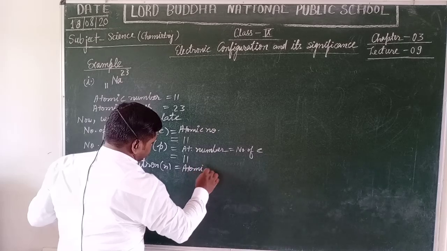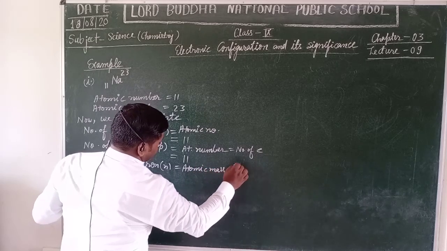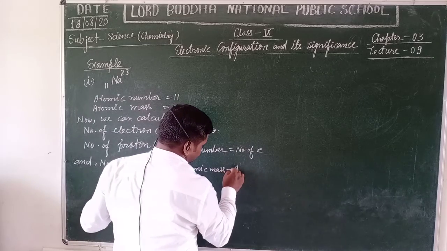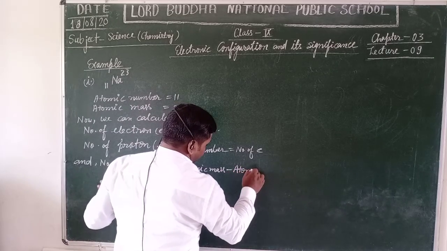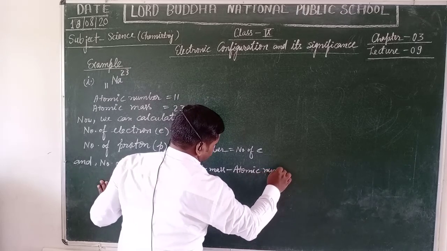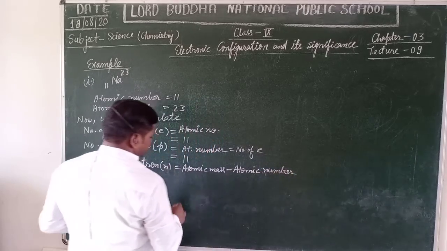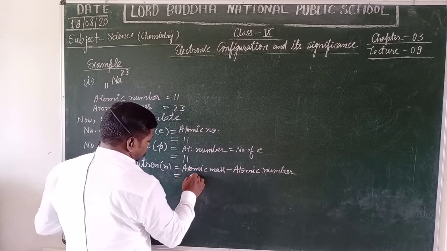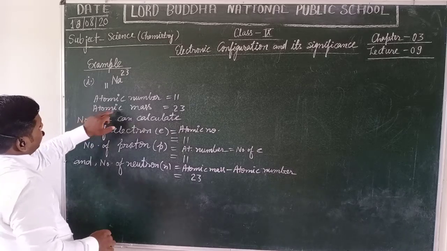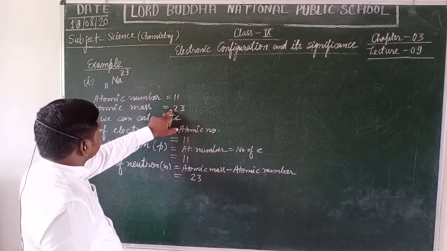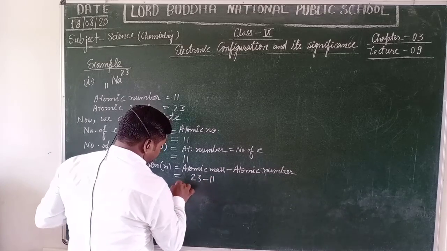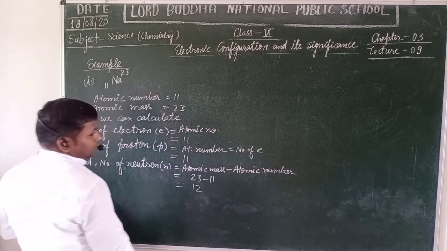Minus is the symbol of subtraction. Then students, the atomic mass of sodium is 23 and the atomic number is 11. 23 minus 11, we find here 12.